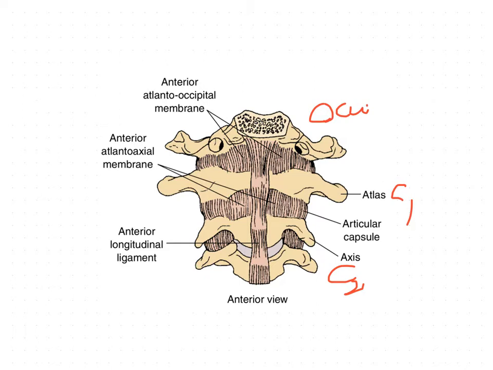The anterior longitudinal ligament extends from C2 to the atlas, and C2 to atlas is called the atlanto-axial ligament. From atlas to occiput, it extends again, and that one is called the atlanto-occipital ligament. So these two ligaments are the extensions of the anterior longitudinal ligament.